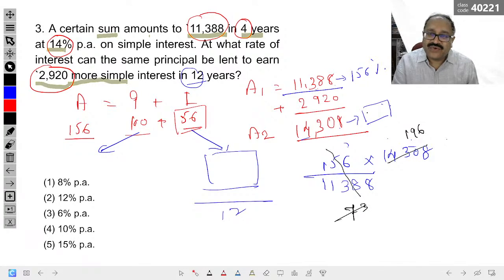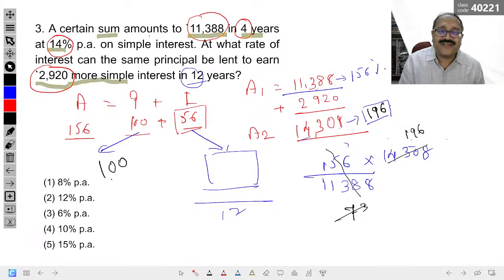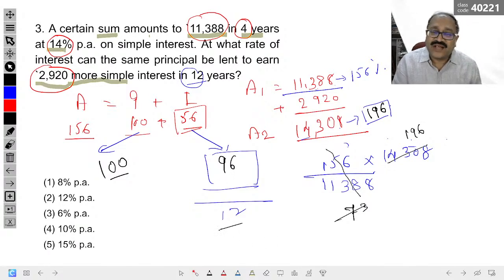So this is 196%, of which 100% is your principal, then the remaining 96% is your interest in the second case. So the overall interest is 96% for 12 years. Then 1 year is 96 divided by 12, which is nothing but 8%.